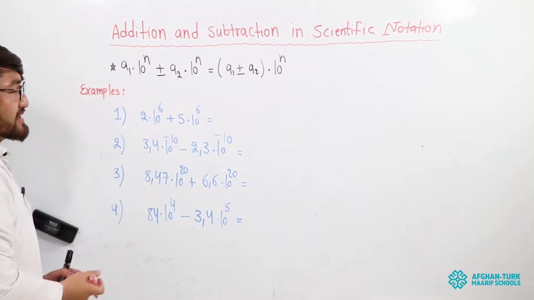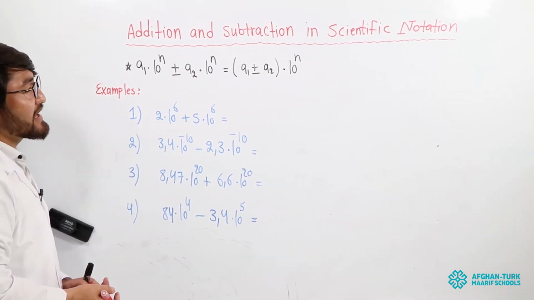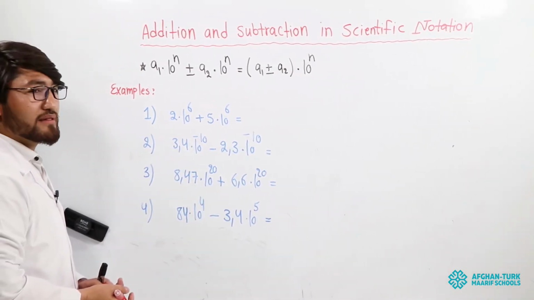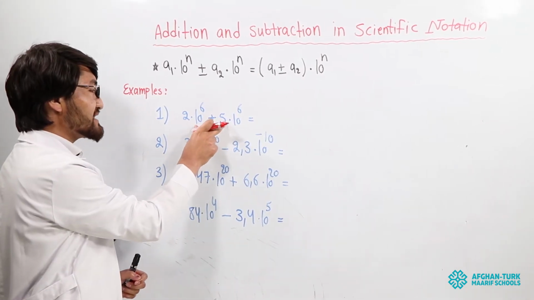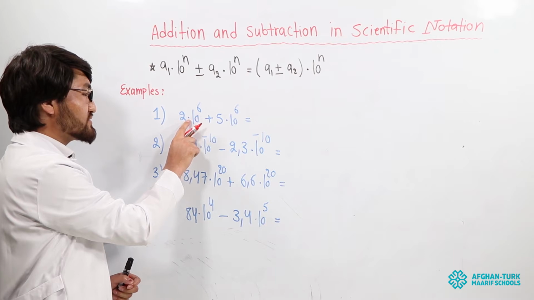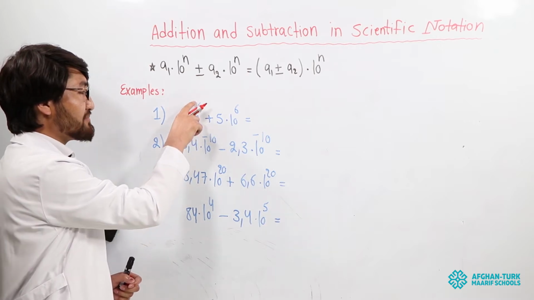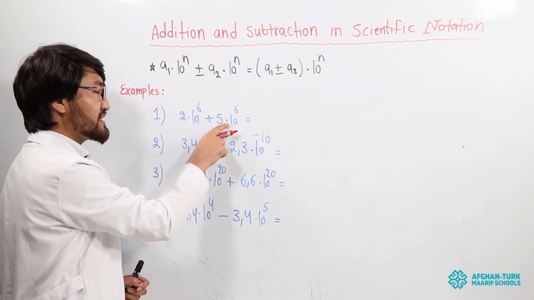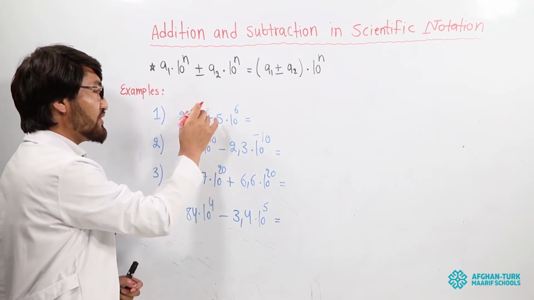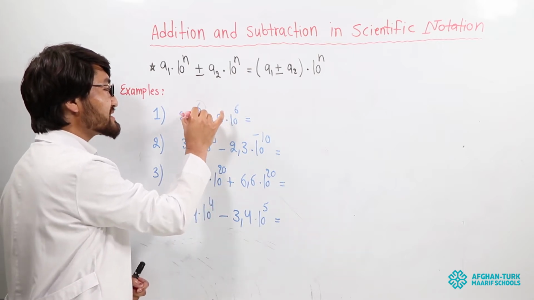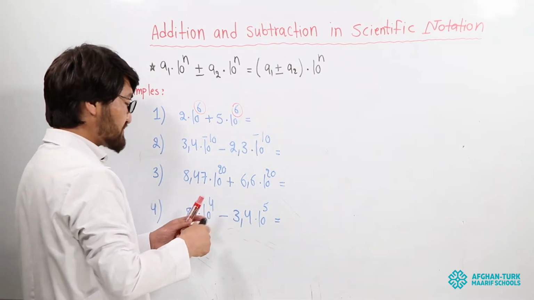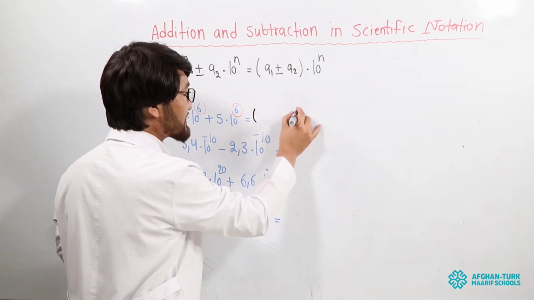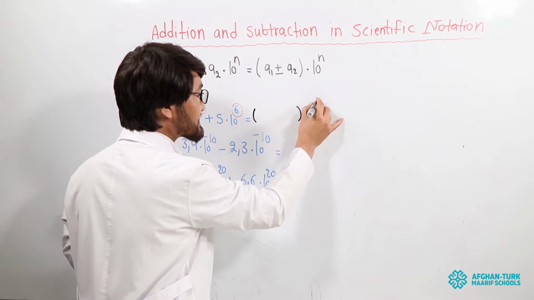Here are some more examples so you will learn better. We have two scientific numbers: 2 times 10 to the power of 6 plus 5 times 10 to the power of 6. The exponent is the same, so we take 10 to the power of 6 as a factor.